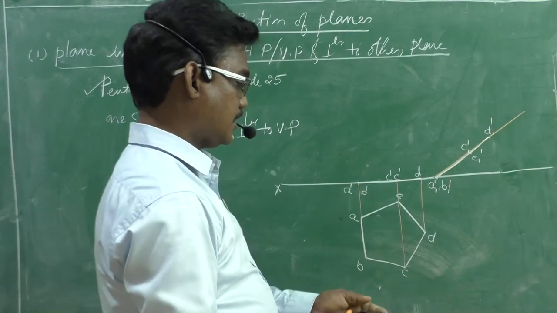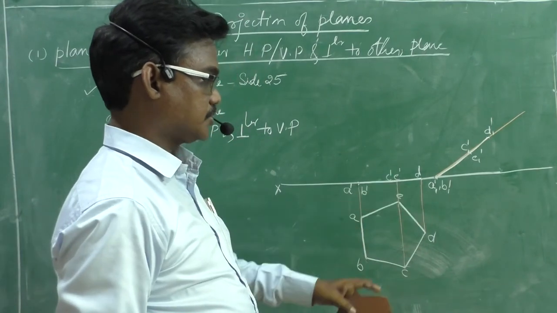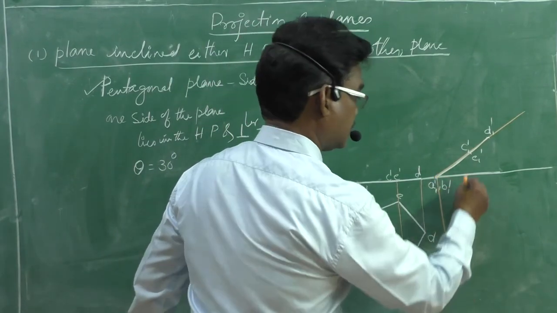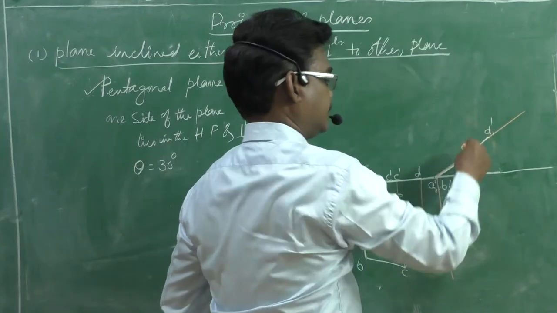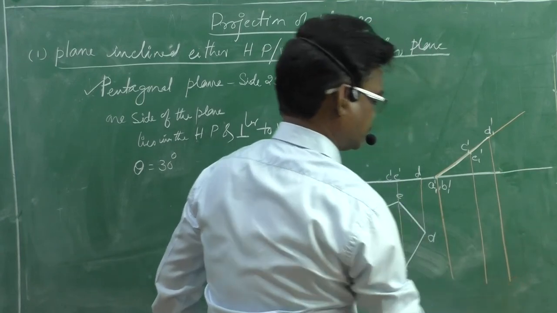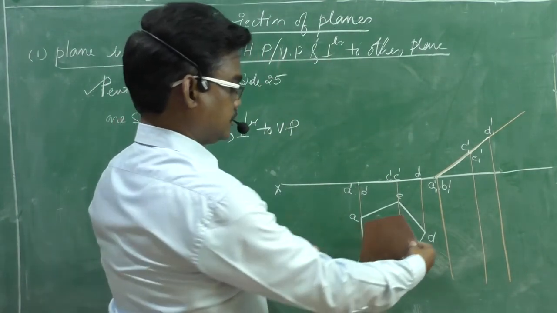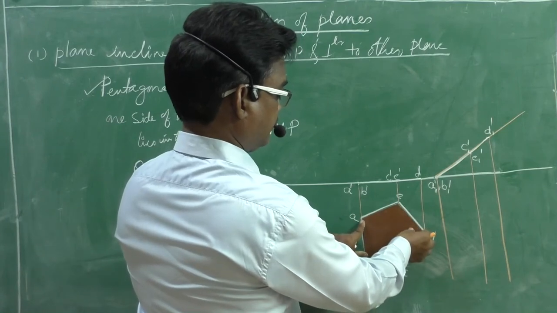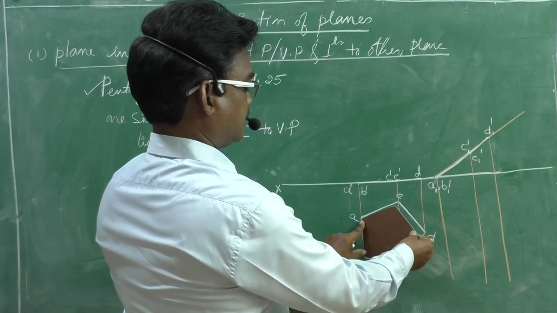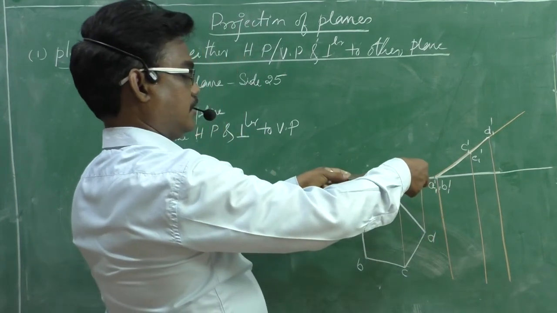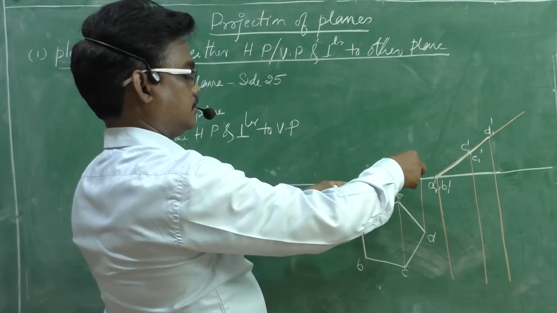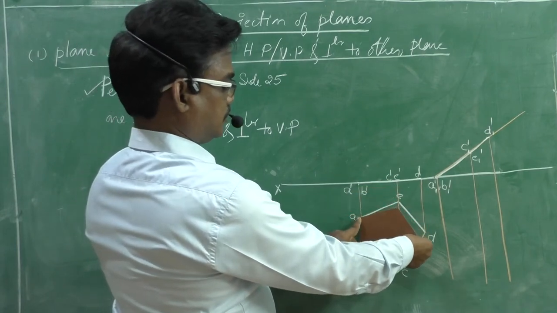Now, for the final top view, we need to project it downwards. Because in the top view, if you see like this, these are the projections. We project it downwards. Now see, this is the plane, and if you move like this, by considering inclination, this is the horizontal plane and this is inclining. When we rotate from the HP, this will be like this.